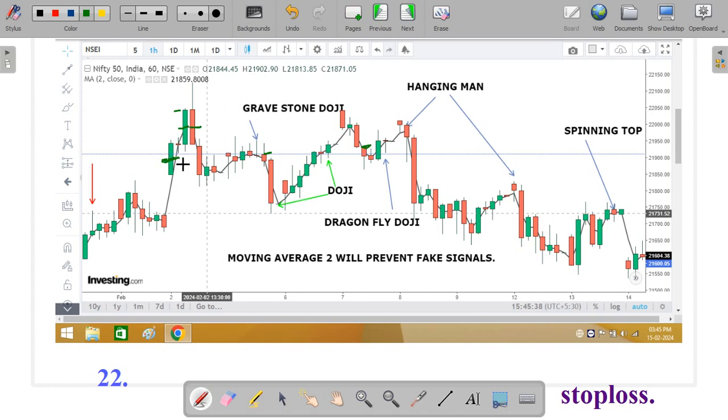While making a decision, you can also consider the present candle in question, whether the price will go up or down. Here it has already crossed 50%, so it will go down.